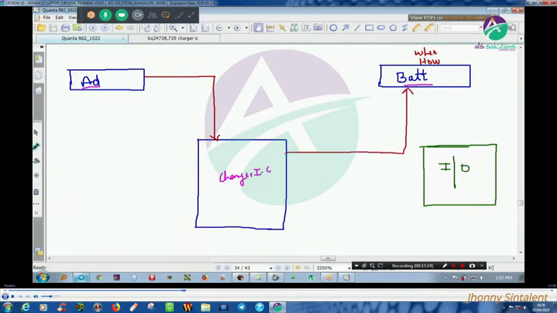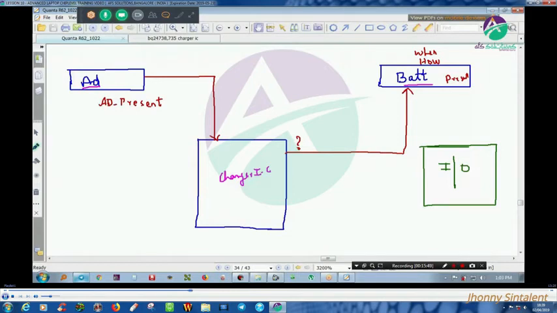The answer is when the battery is present plus the adapter is present, both pieces of information should reach the charger IC and the IO controller, then only the adapter will charge the battery.